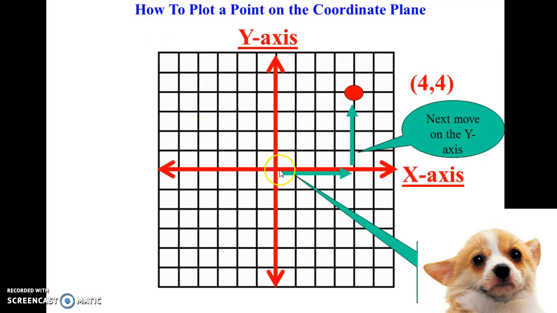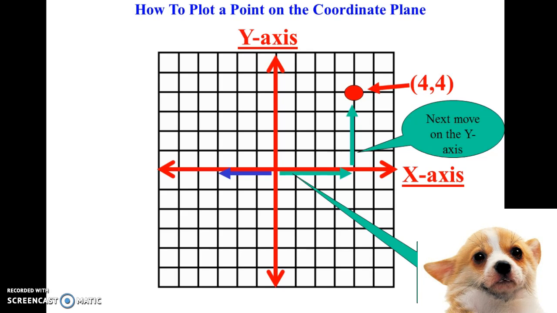Again, I start at my origin. I have to graph the point (4, 4). So I'm going to go to the right 4 spaces, and I'm going to go up 4 spaces because they're both positive. Now, say I wanted to graph the point (-3, -1).